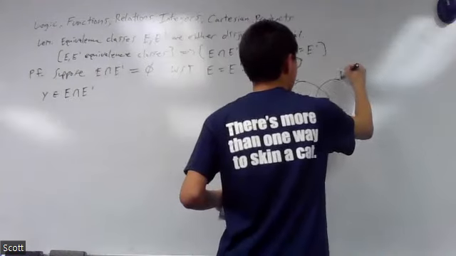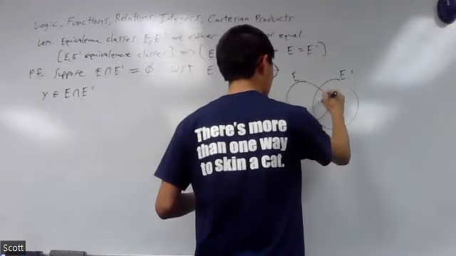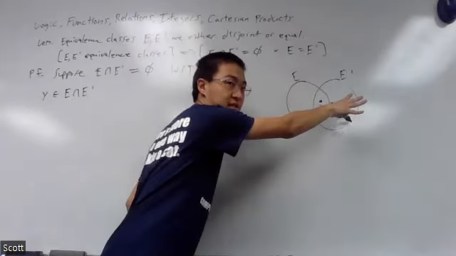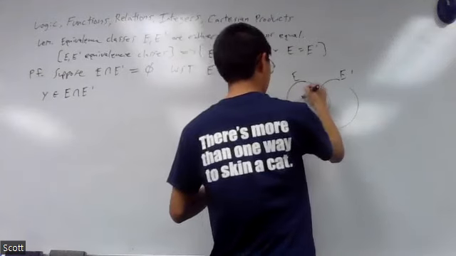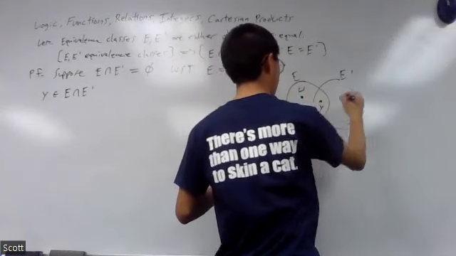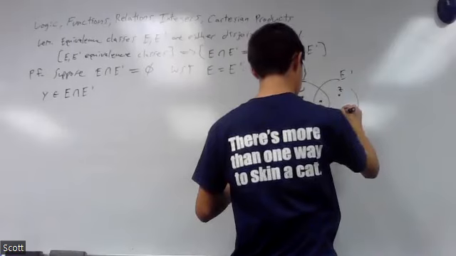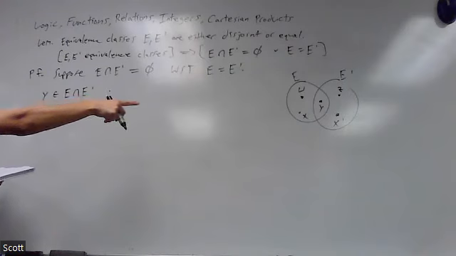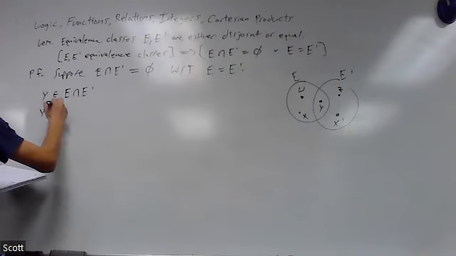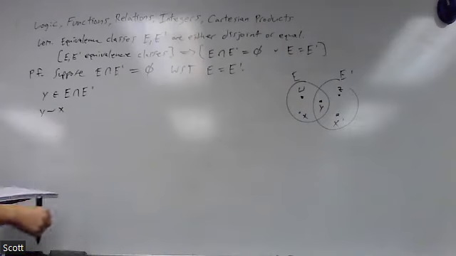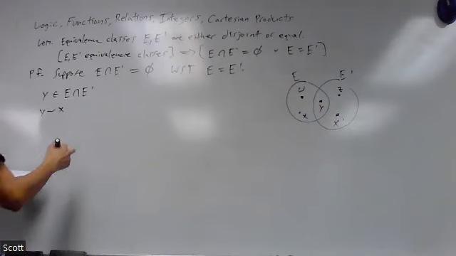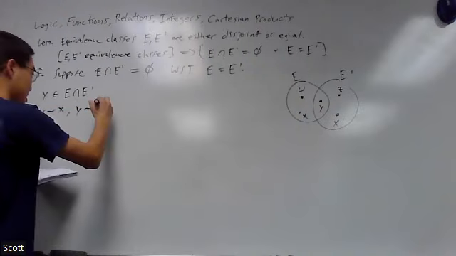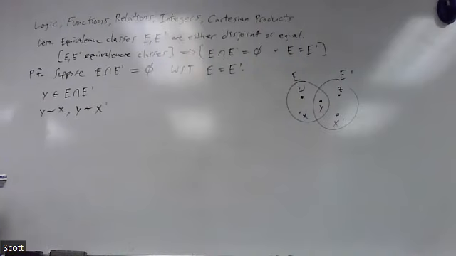If this is E and this is E prime, we're interested in this counterexample. We're going to show that if they end up having some sort of intersection, then that's going to push all the elements over. So we have some others: a W, an X, a Z, and an X prime. Y is going to relate to X, and the reason we know that is because it's in the equivalence class E. On top of that, Y, because it is in this intersection, by definition also relates to X prime.